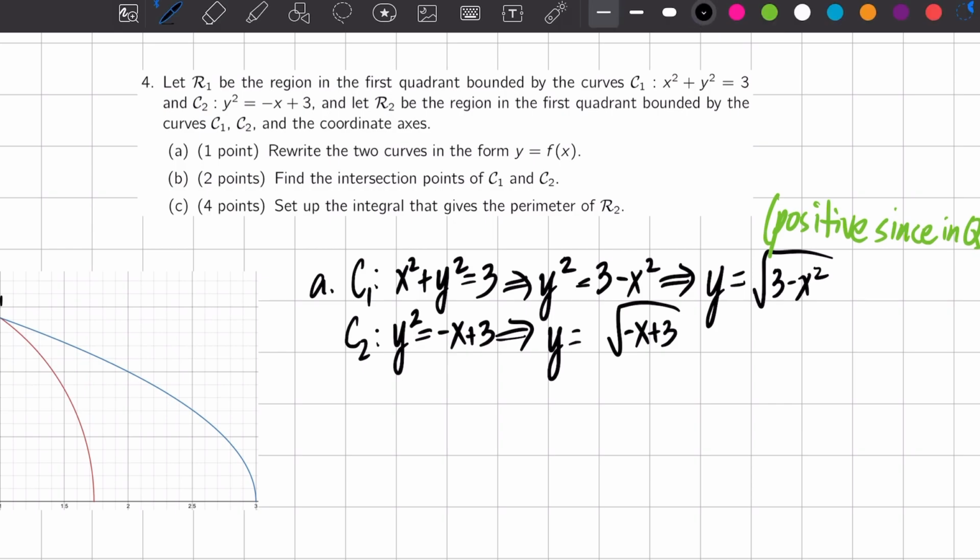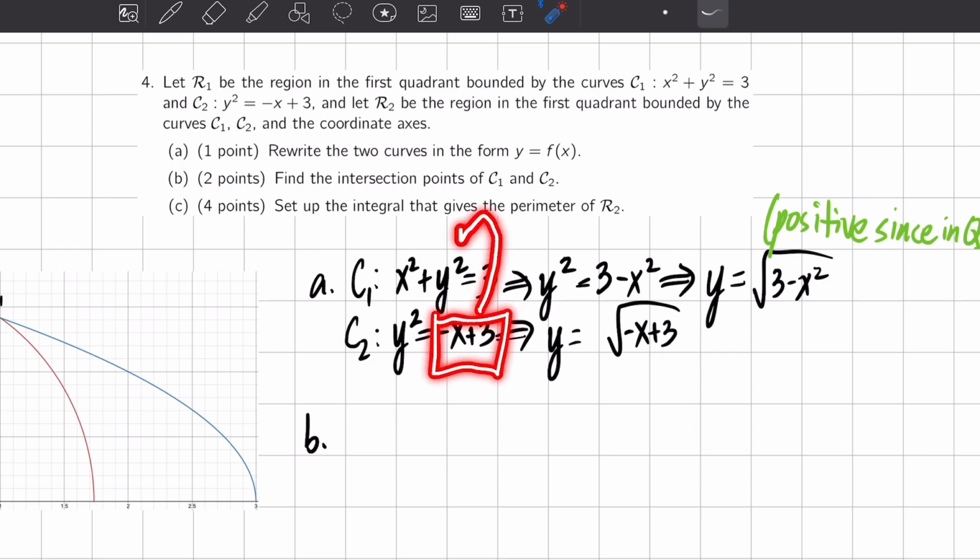So for letter B, what we need to do is find the intersection points of C1 and C2. I think it's better if we stick to the original form. What we have here is x squared plus y squared equals 3 and y squared equals negative x plus 3. To find their intersection points, we can plug this one in the y squared right here.